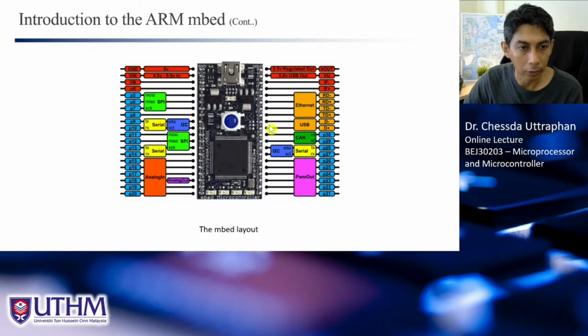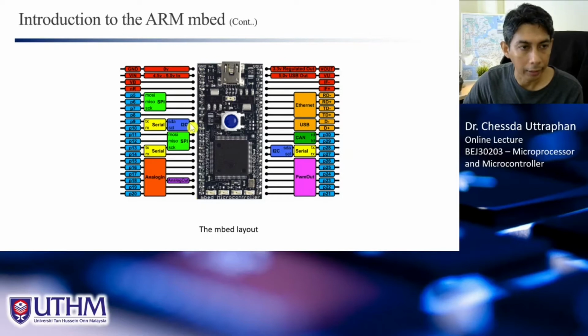So this is the mbed layout, where this is the LPC 1768 microcontroller. It is put on the PCB like this, and you will have the USB where you can connect to the computer to program your microcontroller, and take certain, not all, of the pins to the I/O pins here.